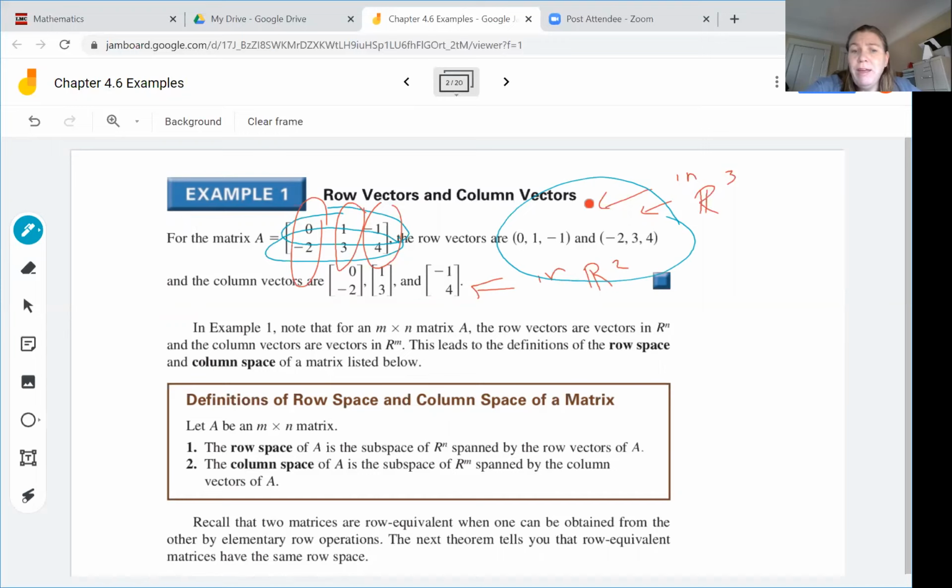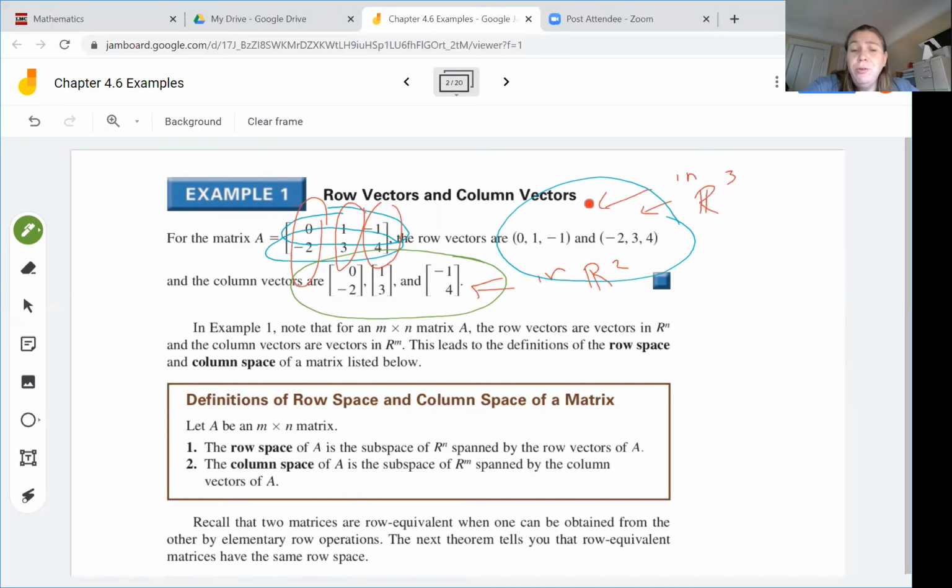The column space of A is the subspace of Rm spanned by the column vectors. So in terms of our example matrix, the column space here is the subspace of R2 spanned by these 3 vectors, 0, -2, 1, 3, and -1, 4.